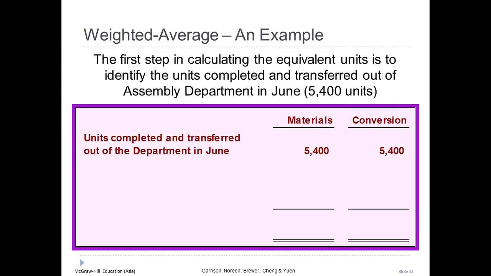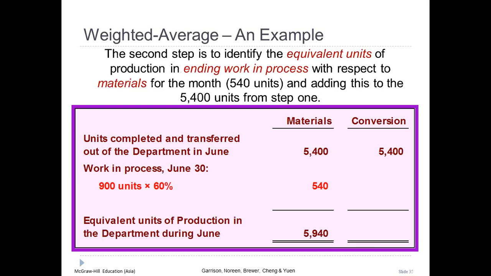The first step in calculating the equivalent units is to identify the units completed and transferred out. In the case of the assembly department, there were 5,400 units completed and transferred out. We know these units are 100% complete as to materials and conversion. The second step is to calculate the equivalent units as to materials in ending inventory.